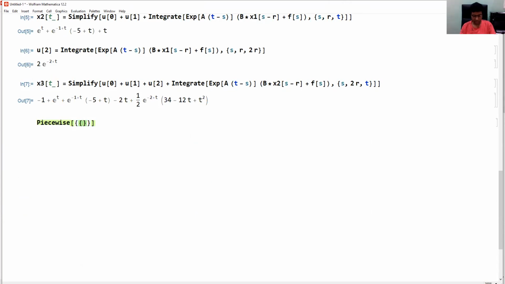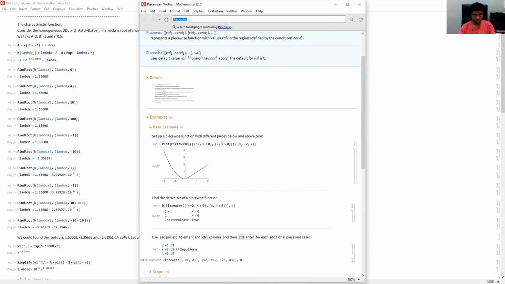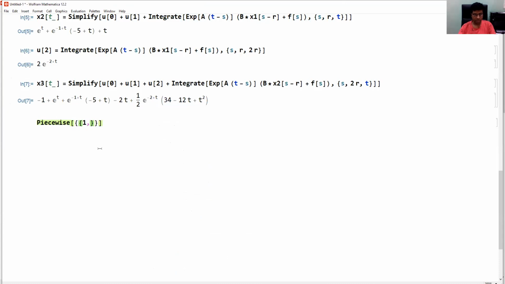Say 1, comma, 0 less equal x less equal 2.